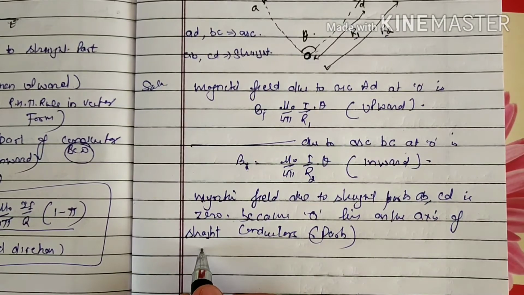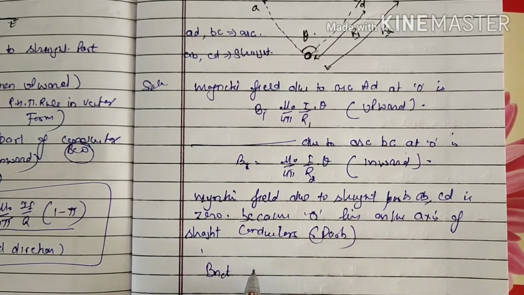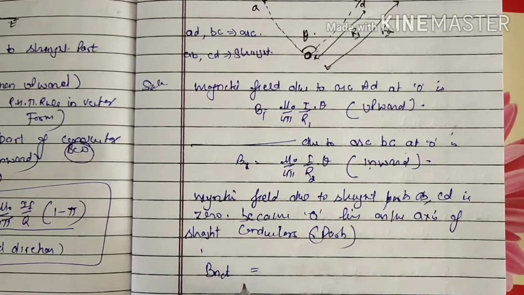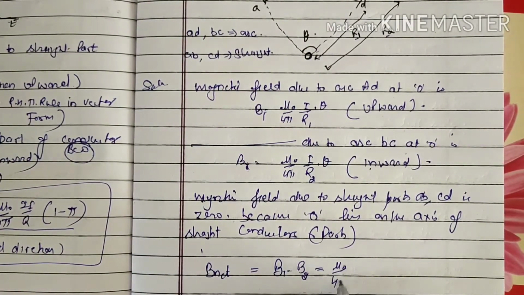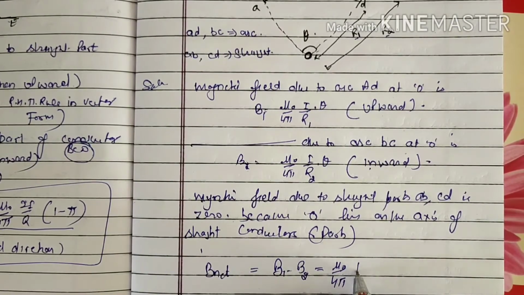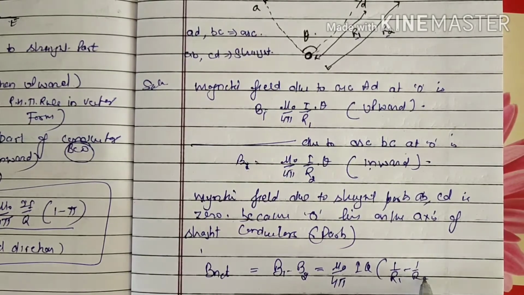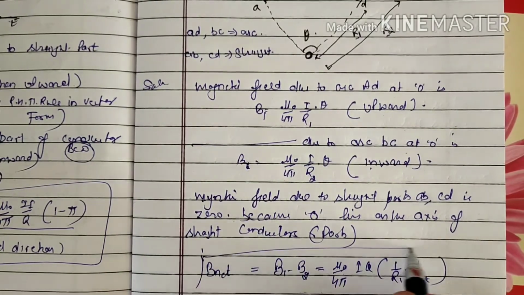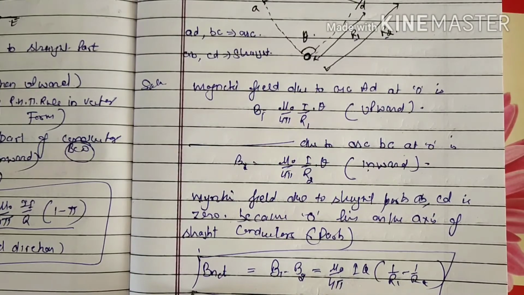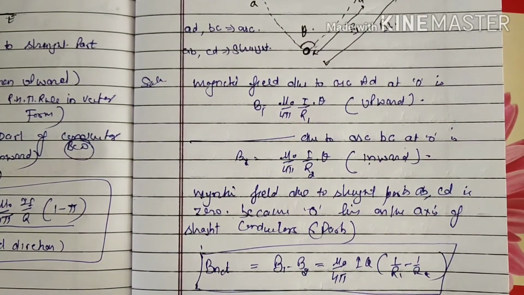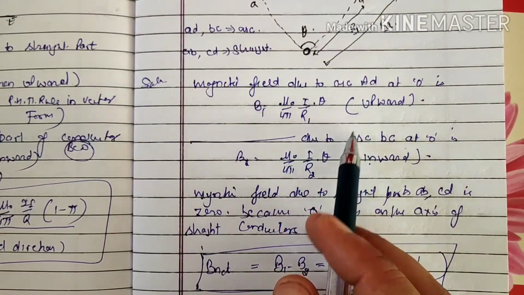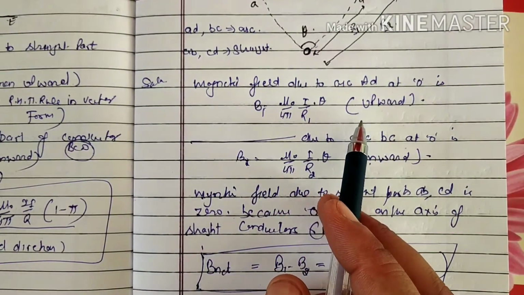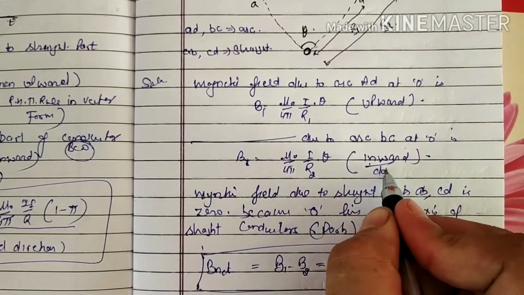So the net magnetic field, this is upward, this is inward. We will write B1 minus B2, that is equal to mu naught upon 4 pi, I theta, 1 upon R1 minus 1 upon R2. So this is the net magnetic field, and the net magnetic field is upward. We can also write it as downward.